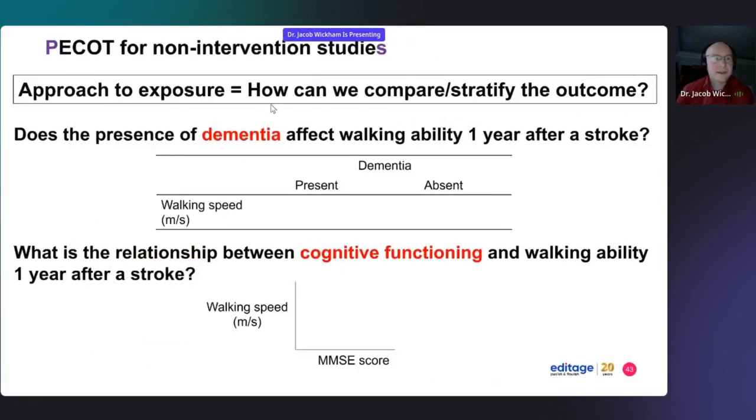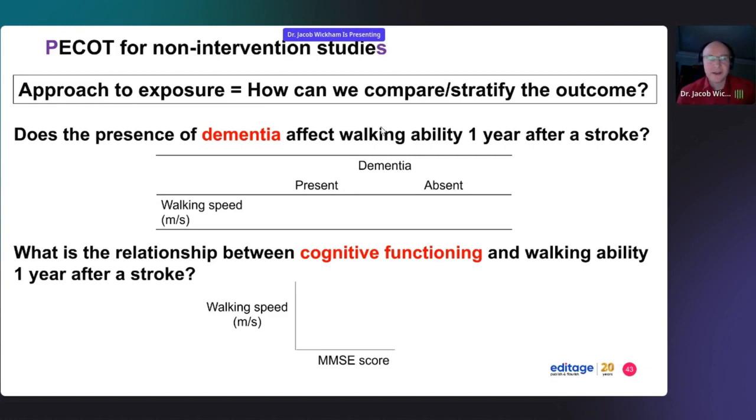So here is a PCOT for non-intervention studies. So here's an approach to exposure. How can we compare or stratify the outcomes? Here you're looking at the presence of dementia affecting walking ability 1 year after stroke. So here the question is, what is the relationship between cognitive functioning and walking ability 1 year after the stroke? So here there's no intervention.